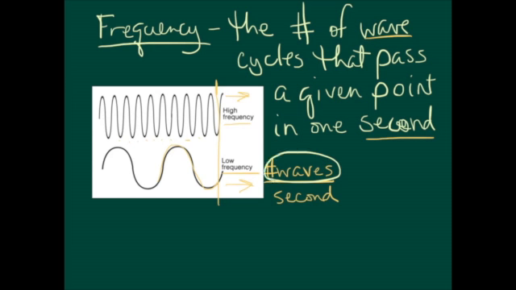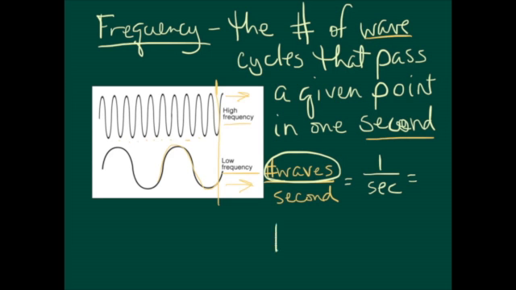Now, the idea of number of waves, that doesn't really have a lot of meaning. That type of unit is just a number. So it's not like it's meters or grams or anything like that. It's just a pure number. It's not a real unit. So another way to write this is just 1 over seconds.